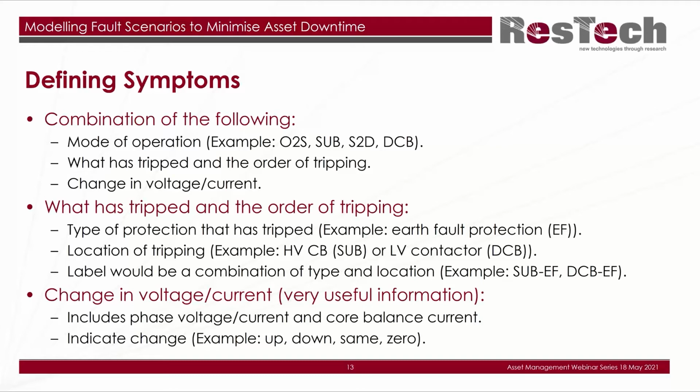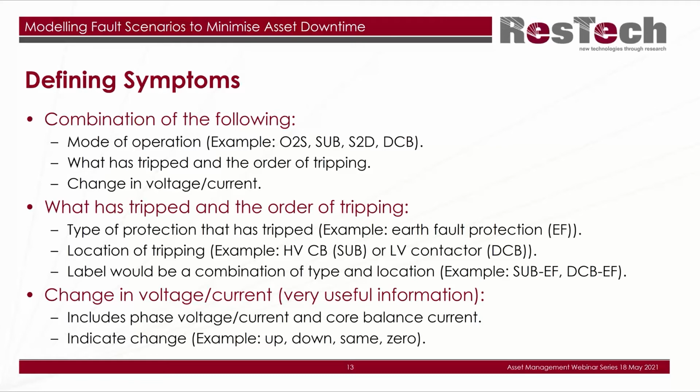But the actual changes in voltage levels and/or current, including the core balance, the earth leakage current, are all clues as to what actually might be going on. For example, an earth leakage trip doesn't necessarily mean that there's actually an earth fault. It could actually mean there's some other imbalance in the system that's actually caused an earth fault.